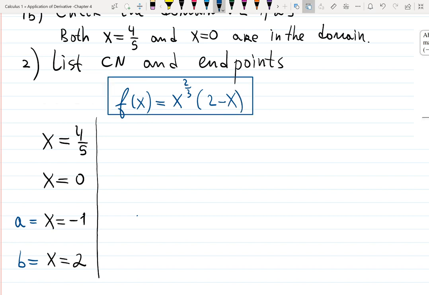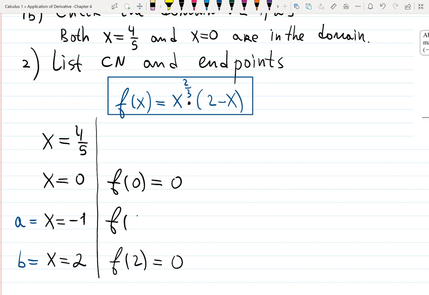You'll see why. For example, when I plug in 2, f of 2 is 0. Yes, because 2 minus 2 gives you 0 in parentheses. That's a good one. Also here, f of 0 is 0, since there's an x in front of the 2 minus x, it makes everything 0. So at least 2 points are given fast.